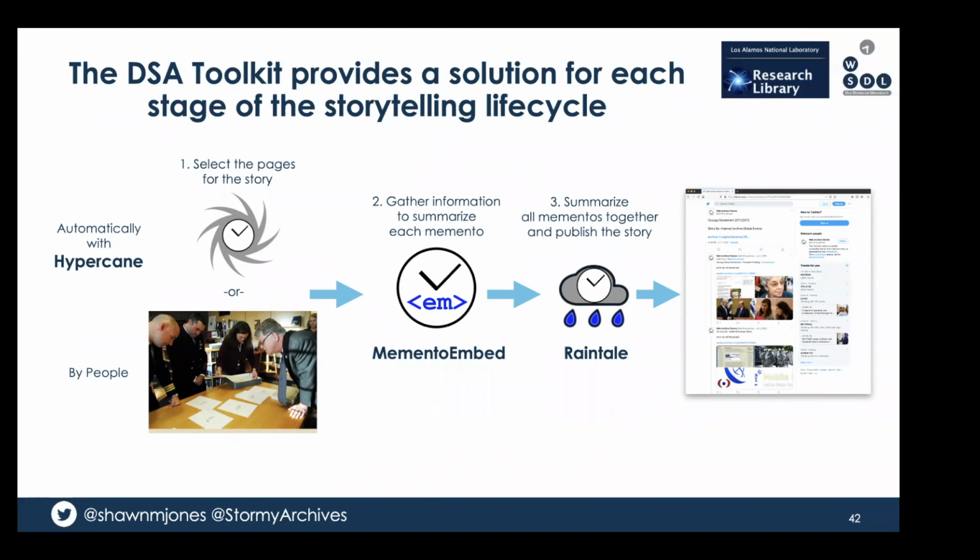So I'll also point out Yasmin's work from a couple of years ago did prove that people comparing manually generated summaries with automatically generated summaries could not tell the difference.